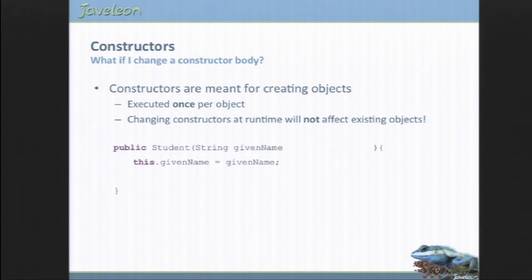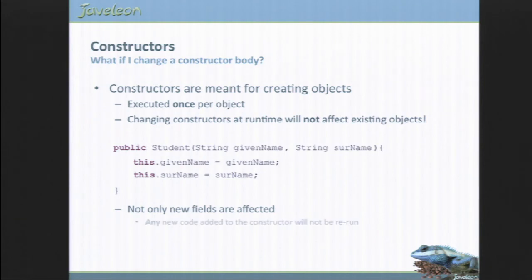But you can have many other things inside a constructor. That becomes truly evident when you have UI classes, with frames and windows, having a call to an init components method. That's pretty standard. And that new code inside the constructor will not be rerun, so you will not see anything in the UI. Michael will show this in a demo in just a minute.